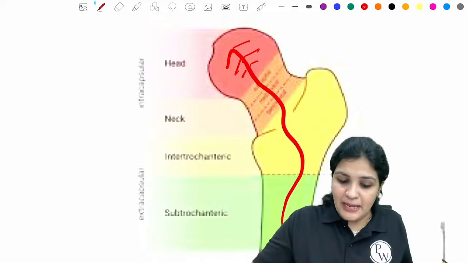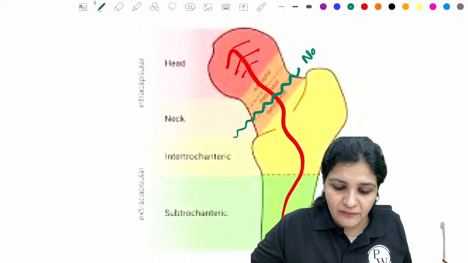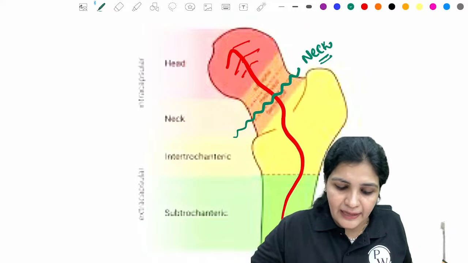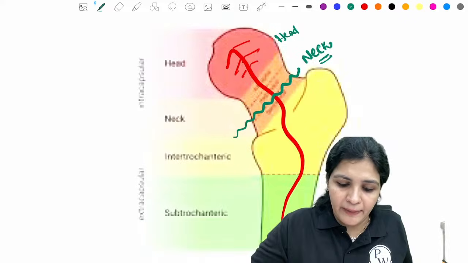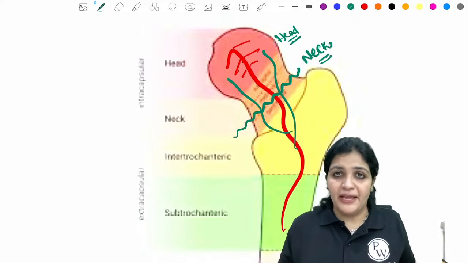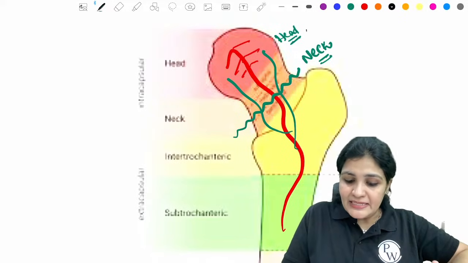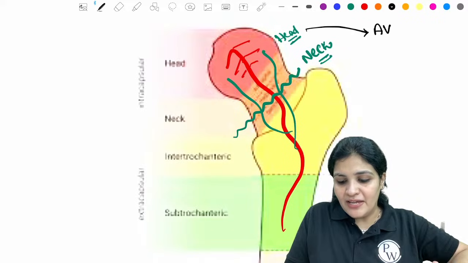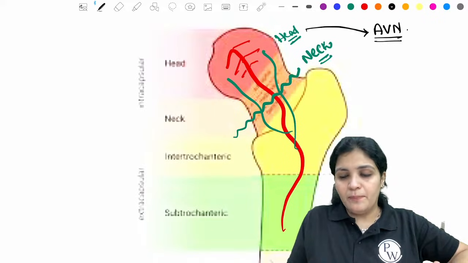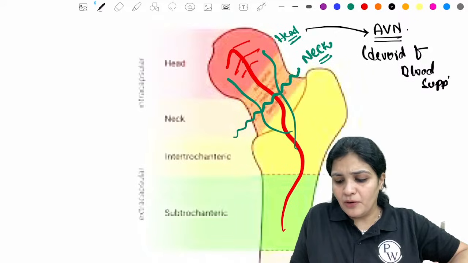Whenever there is a fracture in the neck, the head is solely dependent upon this blood supply. So whenever there is a fracture neck of the femur, now listen, this head goes into avascular necrosis, because it is devoid of the blood supply, right? This is a very important point you have to remember.